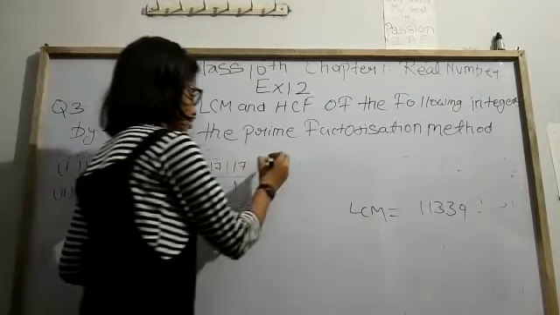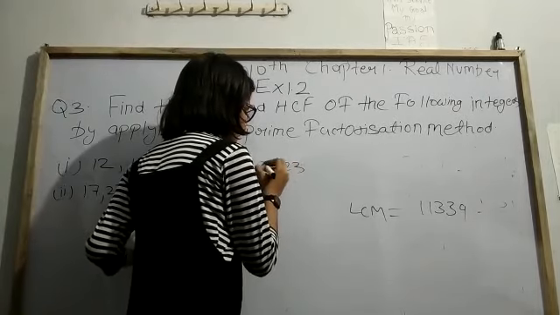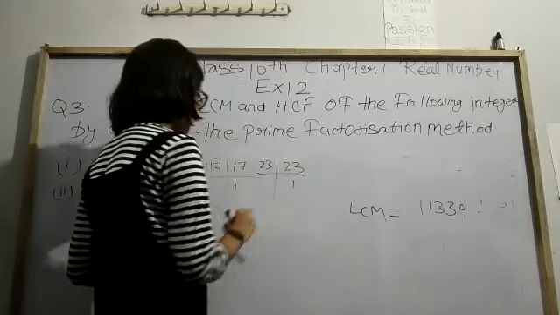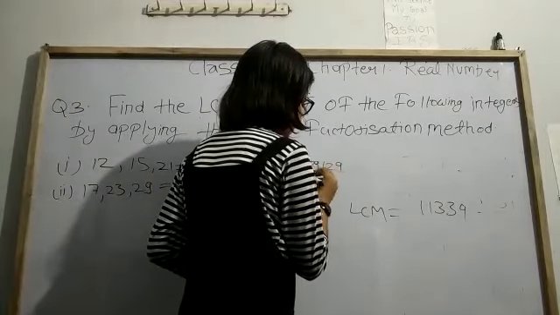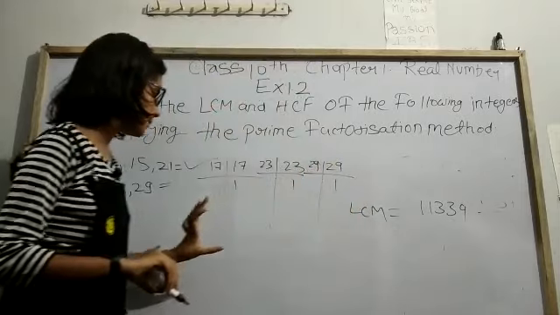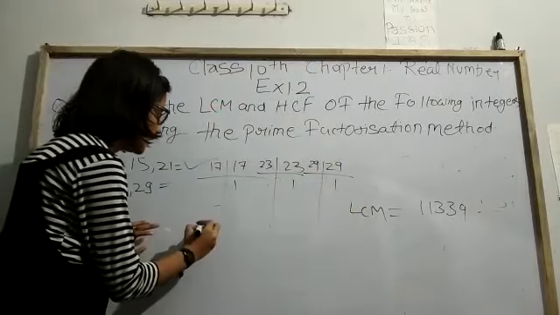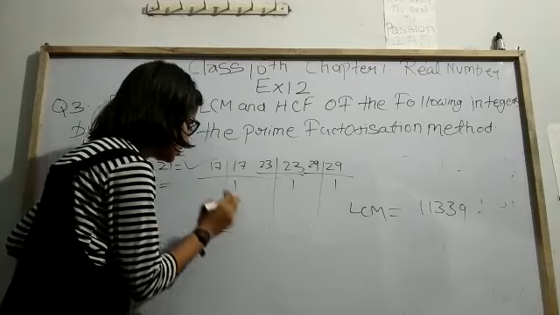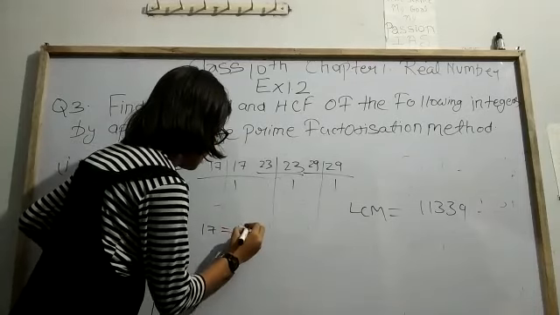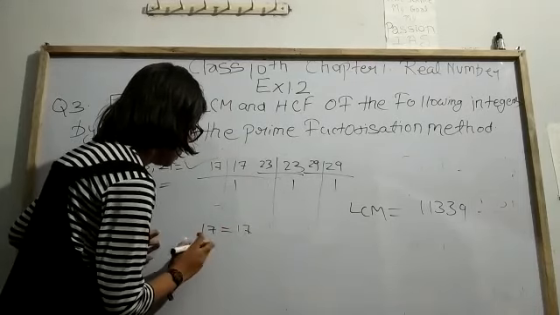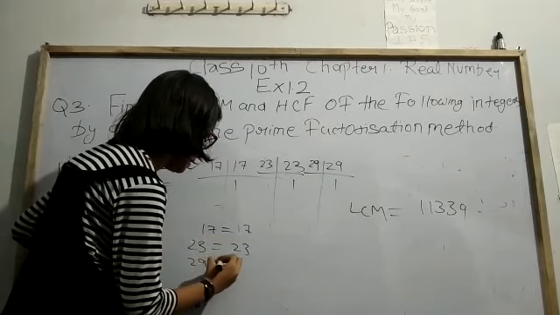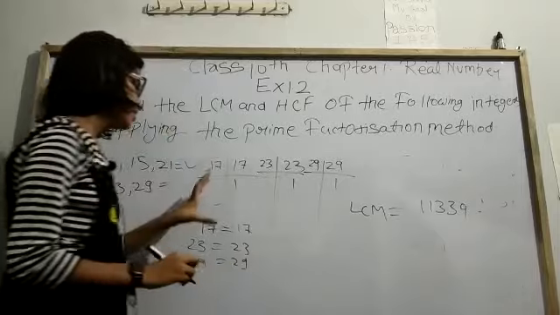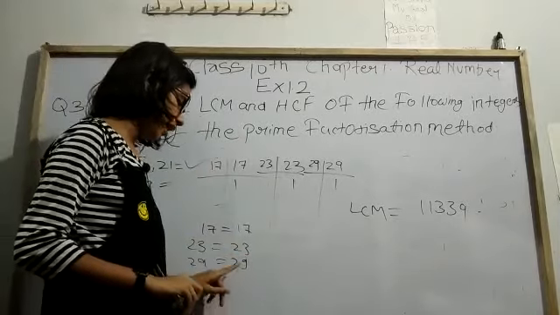Now 23 is also a prime number, so by 23 it will be divisible one time. Now 29 is also a prime number, so only by 29 will it be divisible. So we can write 17 equals 17, 23 equals 23 and 29 equals 29. Means the product is 17, 23 and 29.